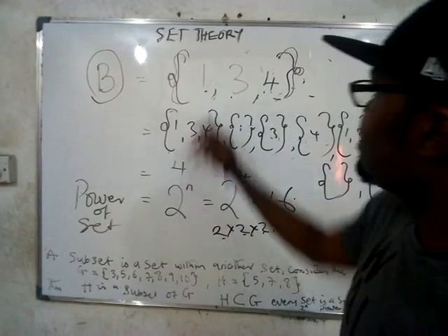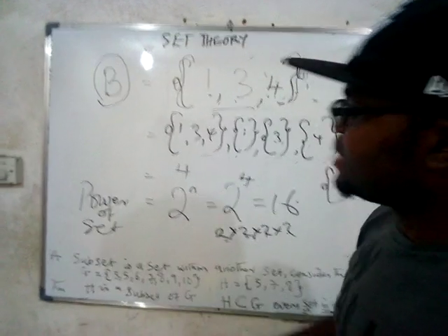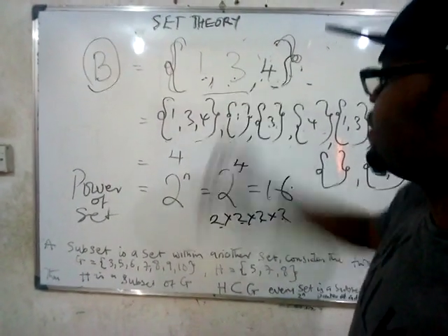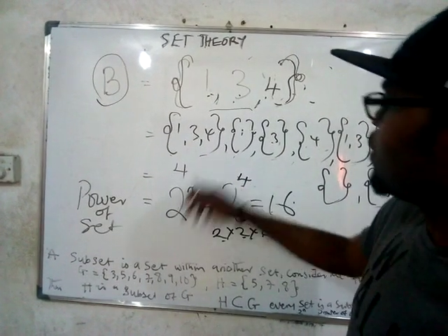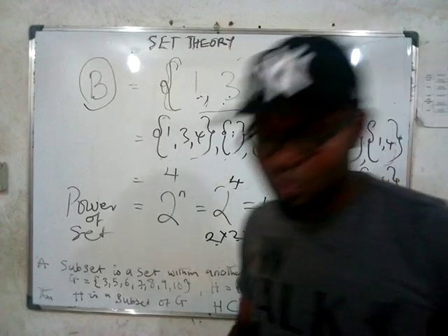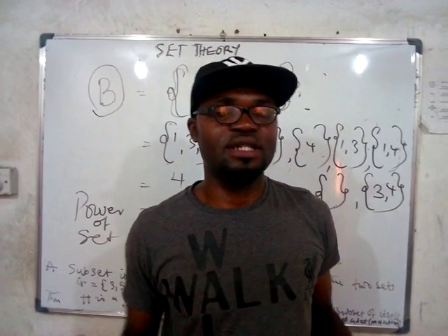So this is the superset and these are the subsets. Power of a set is simply gotten by saying 2 to power the number of elements of the set. And the power of a set is also telling us the number of subsets that a set will have.